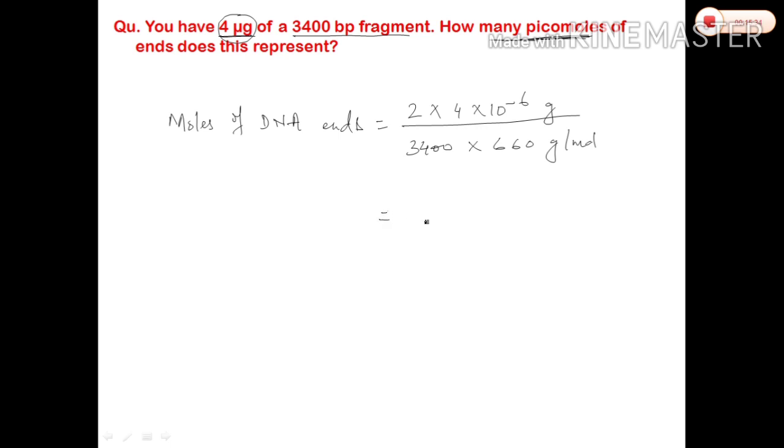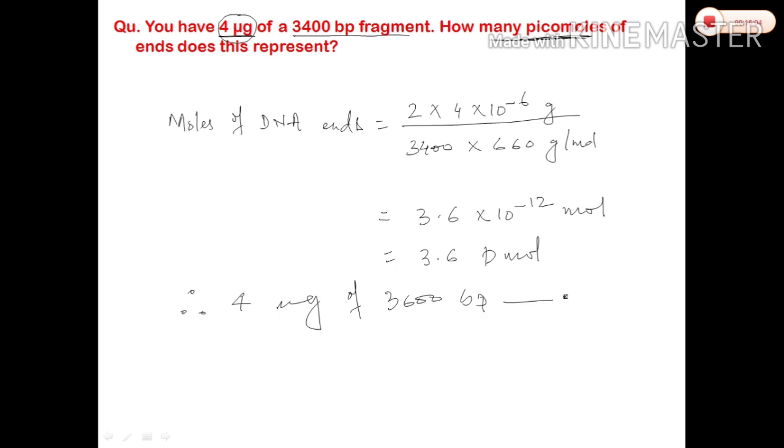When you multiply this, you will get 3.6 into 10 raised to the power minus 12 mole. That means this is 3.6 picomole. So we can say the 4 microgram of 3600 base pair fragment is equivalent to 3.6 picomole of DNA ends. All right, understood? Good.